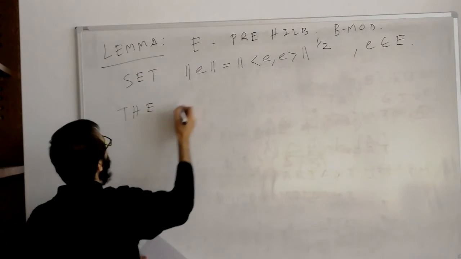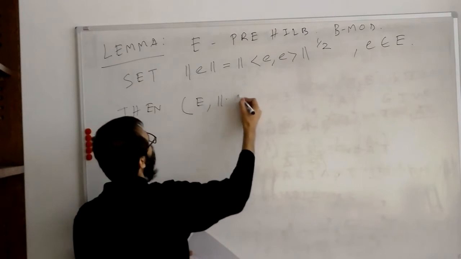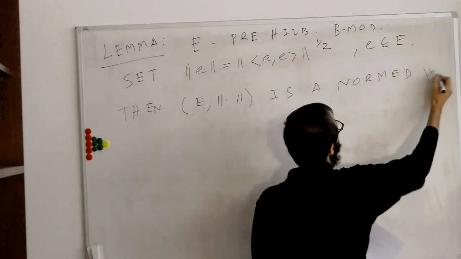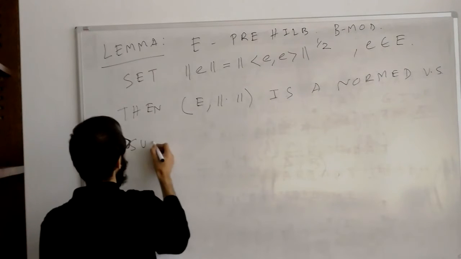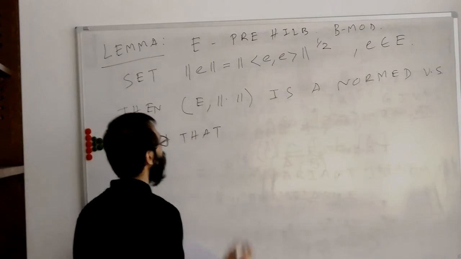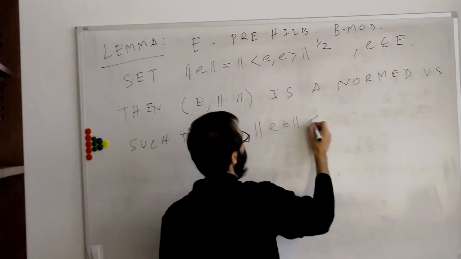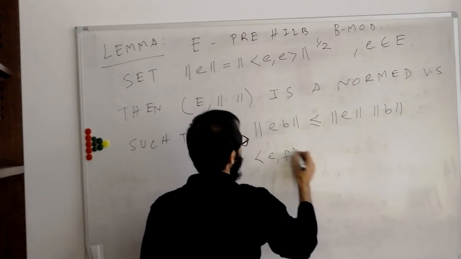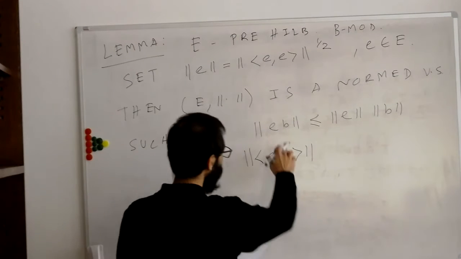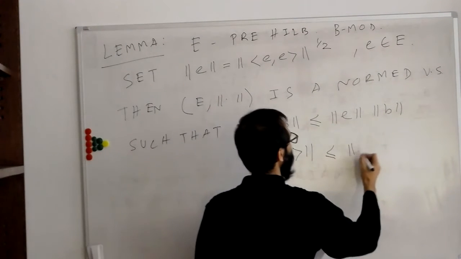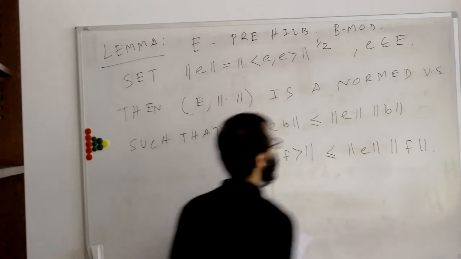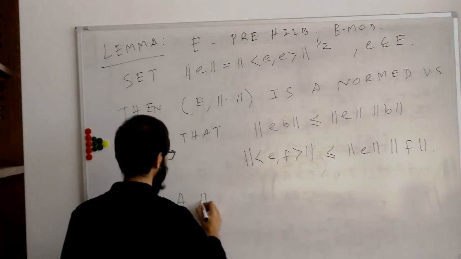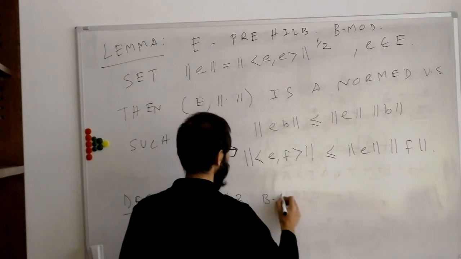Then E is a normed vector space. The module action is submultiplicative and it satisfies Cauchy-Schwarz. It lets you define a Hilbert B-module.